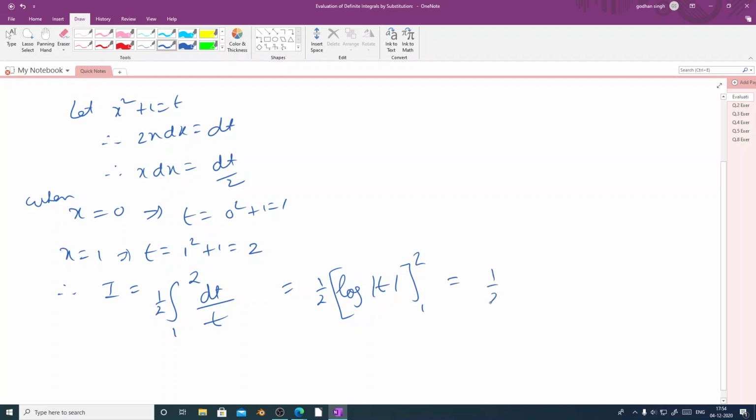So now solving this, equal to half log 2 minus log 1, and we know that log 1 is 0, so equal to half log 2. So this is the answer of question number 1, exercise 7.10.